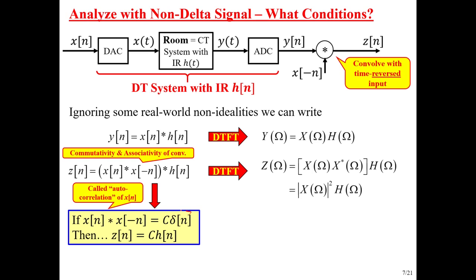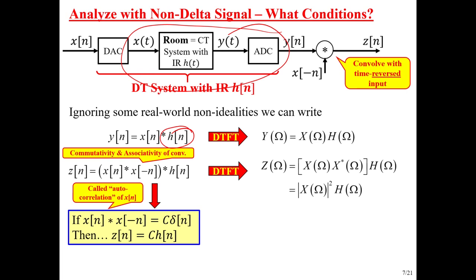Remember, this delta function doesn't go to infinity. It's just a string of zeros, then a 1, and then a string of zeros. Fundamental difference between continuous time delta function and discrete time delta function. And remember, we've transformed this into an equivalent discrete time system. So that's why we're able to think this way.